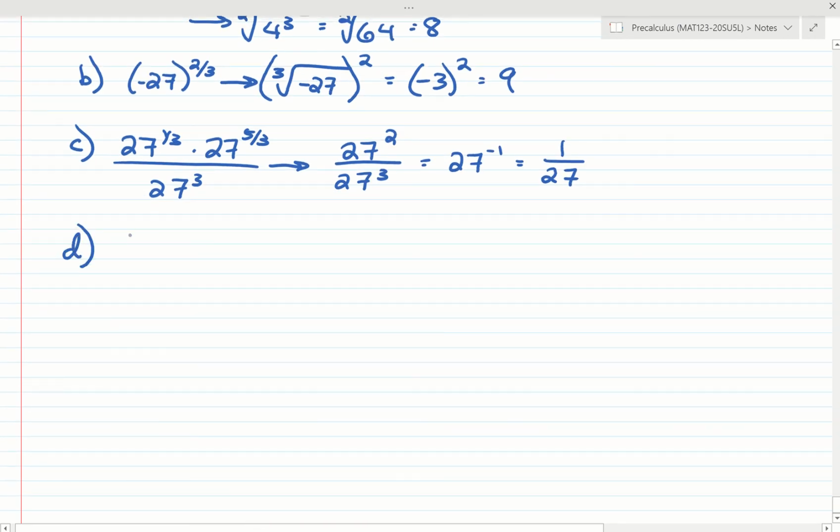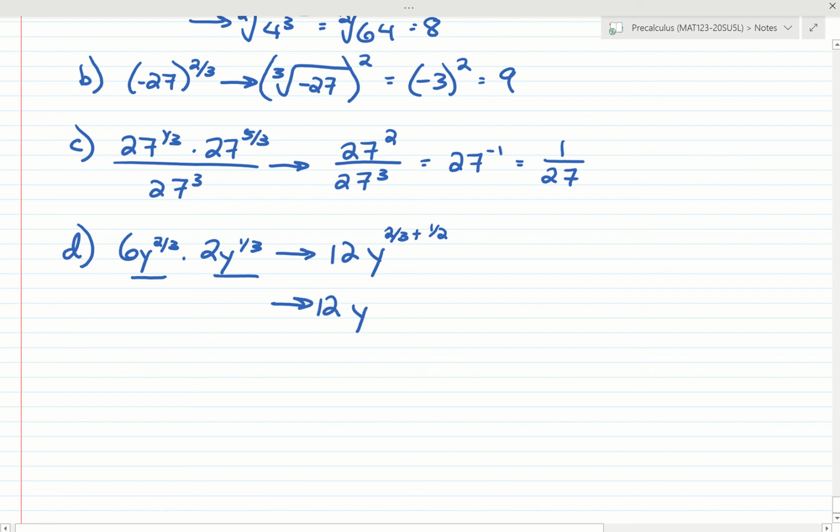How about 6y to the 2/3 times 2y to the 1/2. Okay, well 6 times 2 is 12, that's easy, right? But then we have y to the 2/3 times y to the 1/2, so we're going to have to add those exponents. And the way that we add fractions, it's not a big deal, we just get a common denominator. So 2/3, we could use 6 as our common denominator.